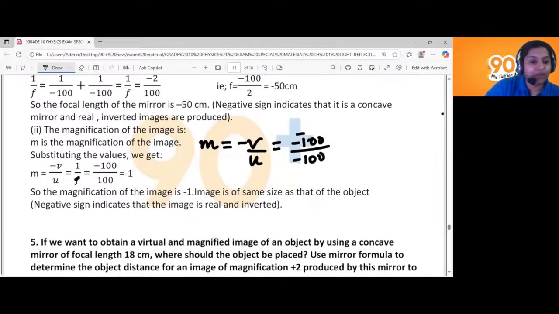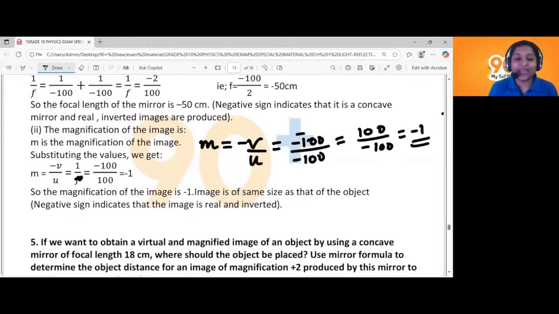Minus 100 over minus 100, minus will be plus 100 and denominator is again minus 100. So the answer is minus 1.